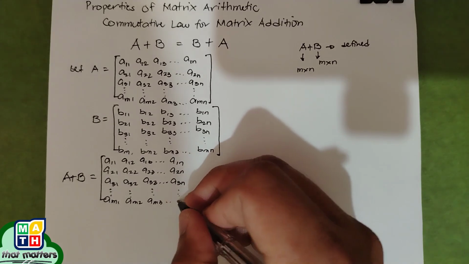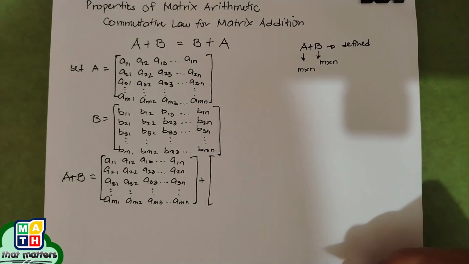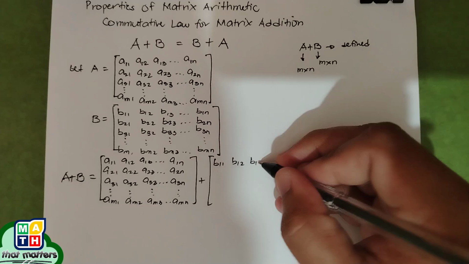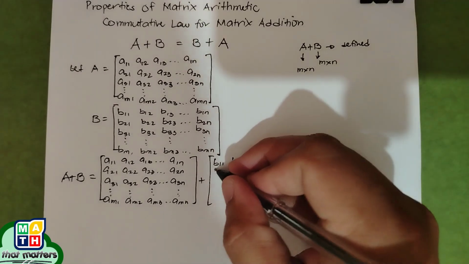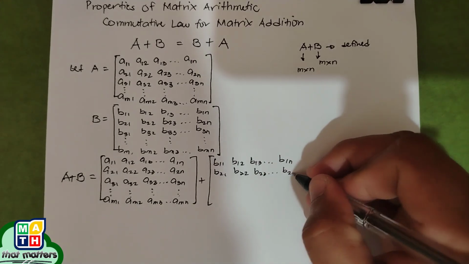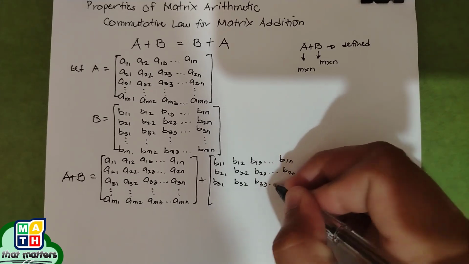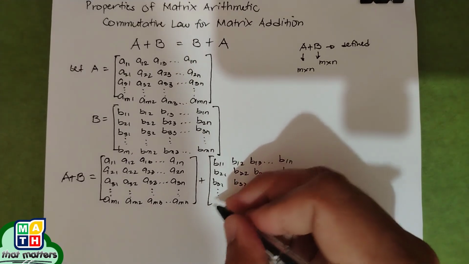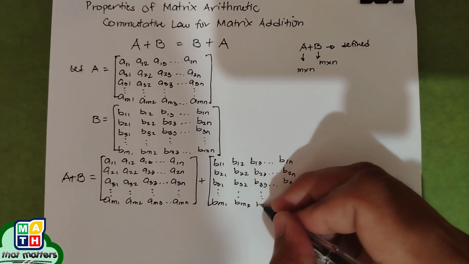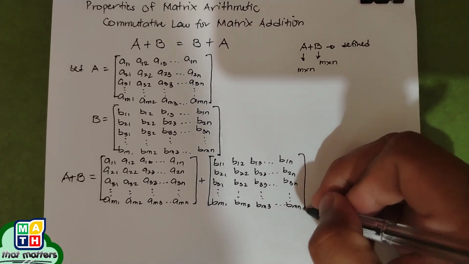So please bear with me. Amn. Of course, this is plus, just like this one here. B11, B12, B13, B1n, B21, B22, B23, B2n, B31, B32, B33, B3n, Bm1, Bm2, Bm3, and Bmn.